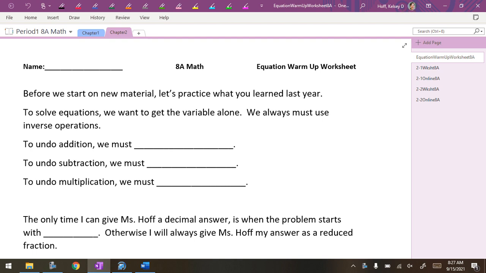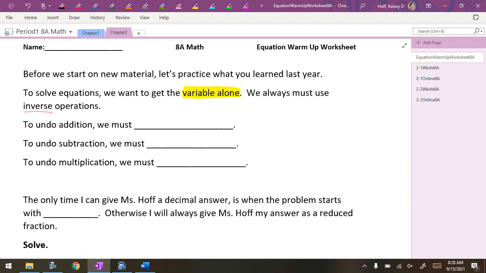To solve equations, our whole goal is to get the variable alone. The variable is the letter. And we always have to use inverse operations, or in other words, opposites. In order for us to undo addition, what is the opposite of addition? Jack? Subtraction.